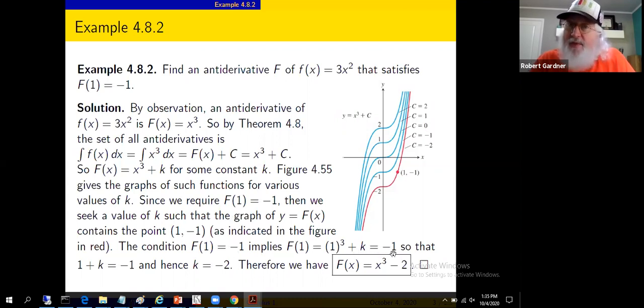So we'll set that equal to negative 1. Simplifying, 1 cubed is 1, so 1 plus k equals negative 1. Solving for k, we get k equals negative 2. So we need capital F of x to be of this form where k is negative 2. That's what we need right there. So capital F of x must be this function.